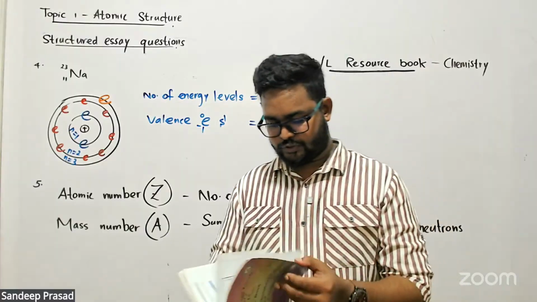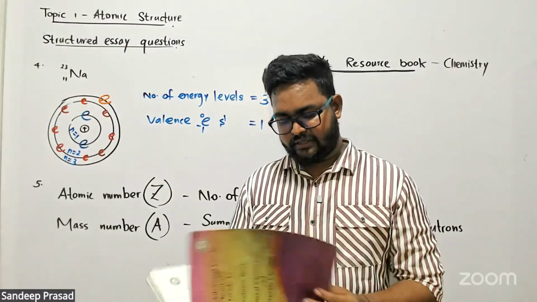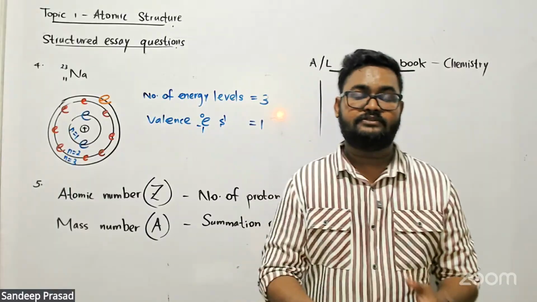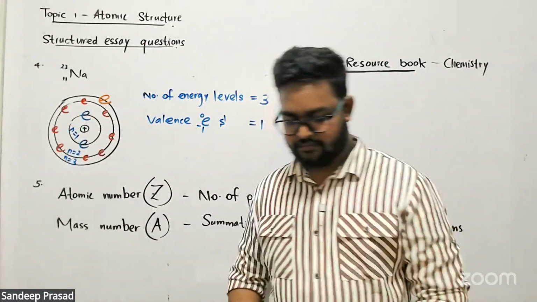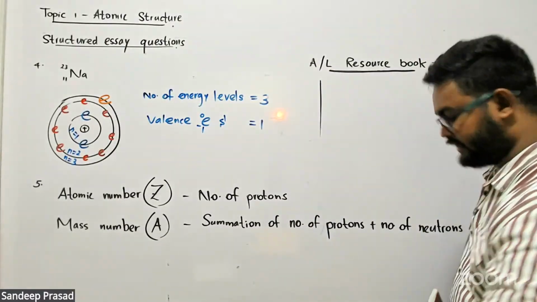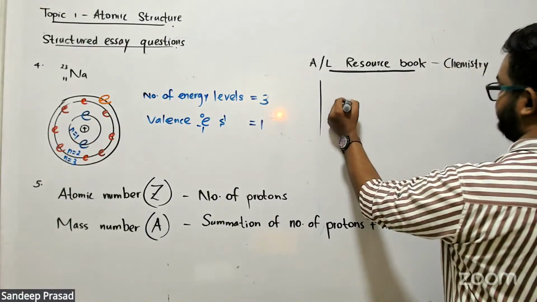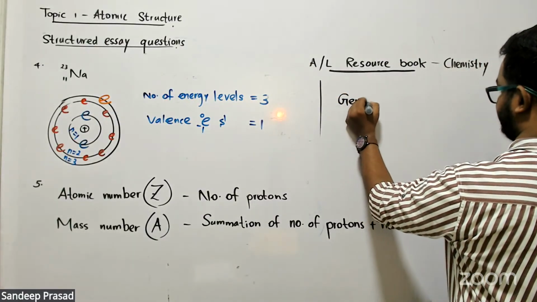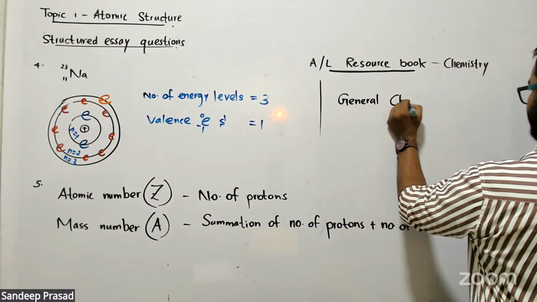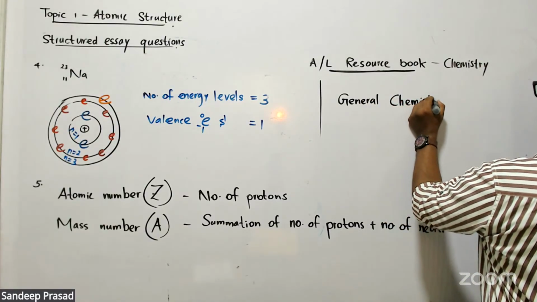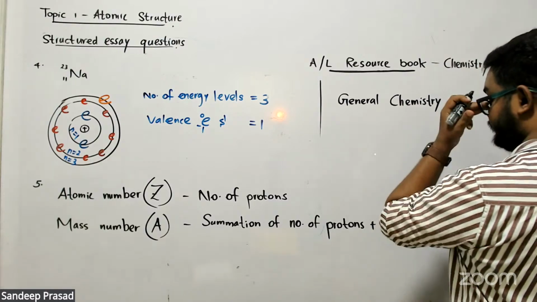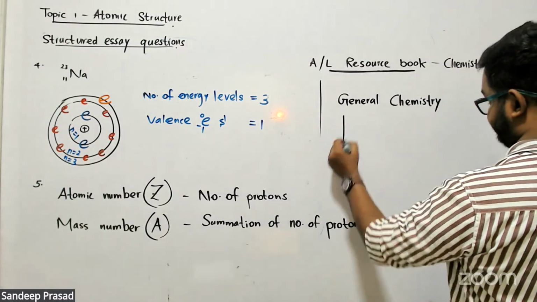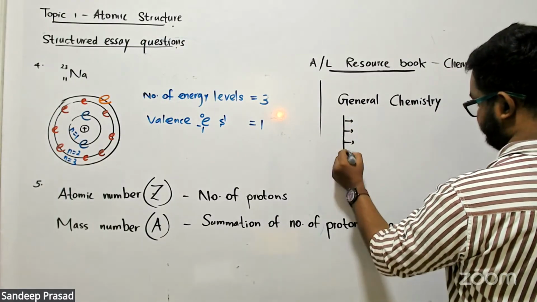Understood? In this resource book, unit number 1, unit number 2, unit number 3, and unit number 6, right? Unit number 1, general chemistry. Okay, you have to buy the general chemistry resource book. Those who live in Colombo, you can go to the Maharagama NIE bookshop and you can buy the first book.